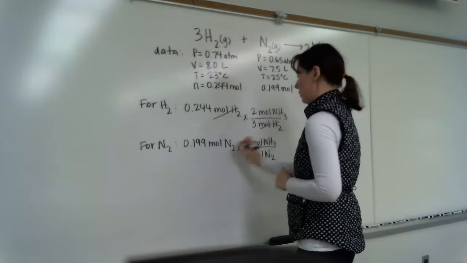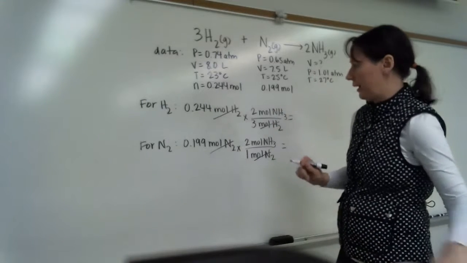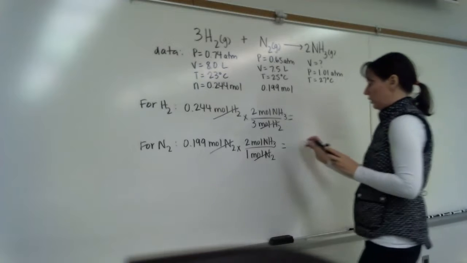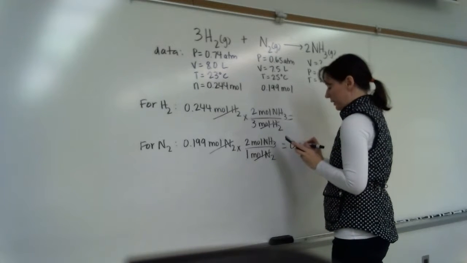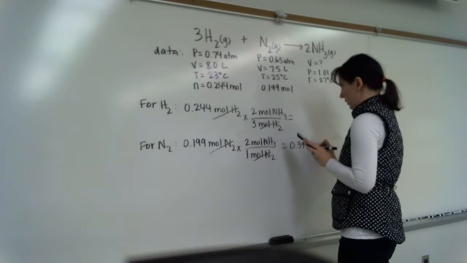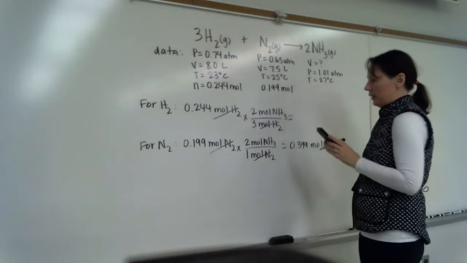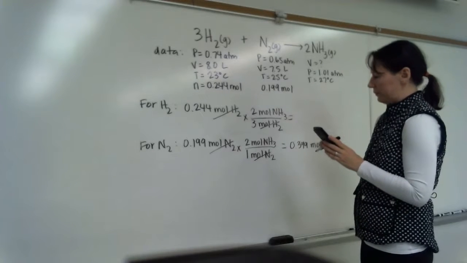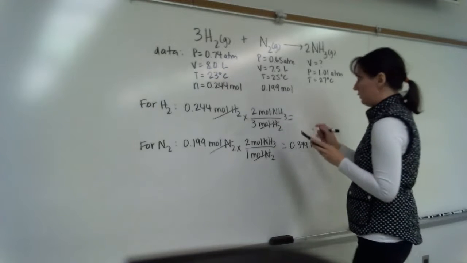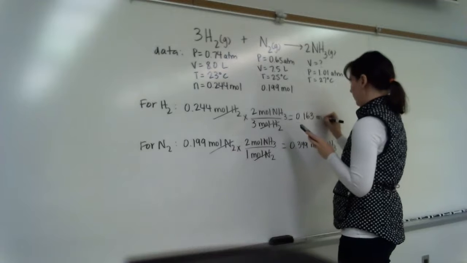So moles cancels. I multiply straight across and divide. Carry out some extra digits, we'll round at the end. So times 2 gives 0.399 moles. And then here, 0.244 times 2 divided by 3 gives me 0.163 moles.